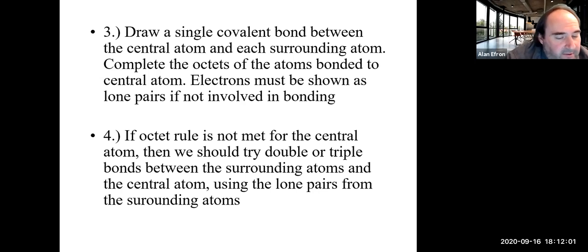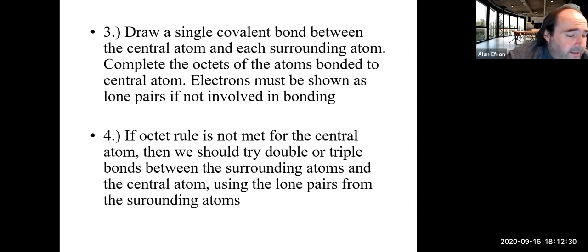Those electrons go on the outside atoms in pairs as dots, until all the outside atoms have 8 electrons, except for hydrogen, which should only have 2. Once you put all the electrons on the outside, if you still have electrons to go, you go to the center atom and put dots on it. At that point, you should have put up all your electrons in your picture. If you didn't, something's probably wrong.